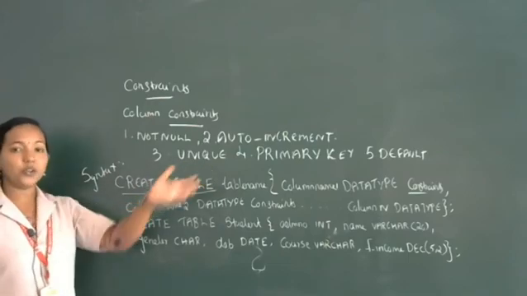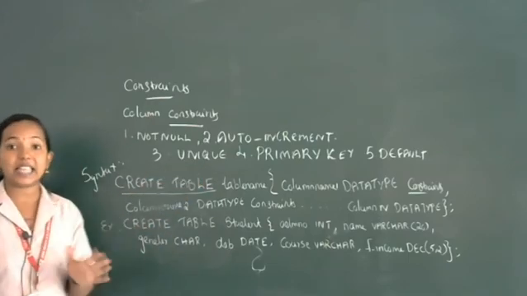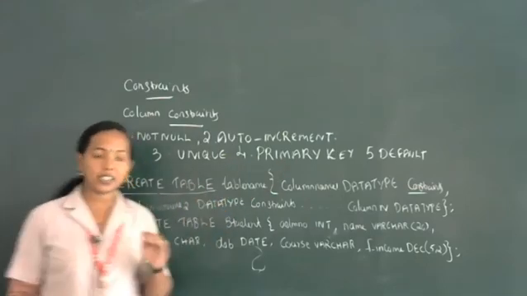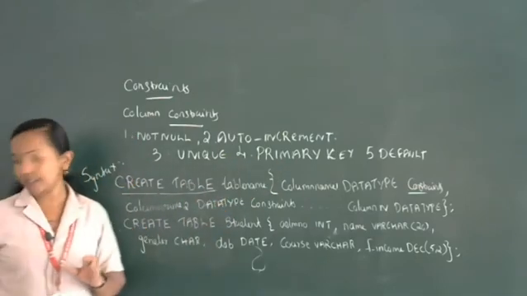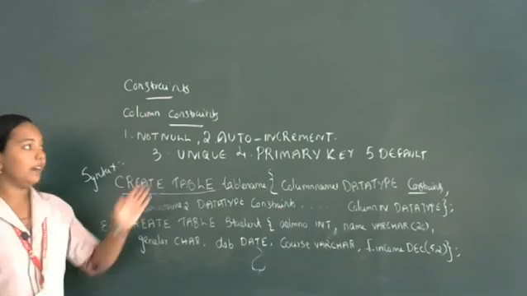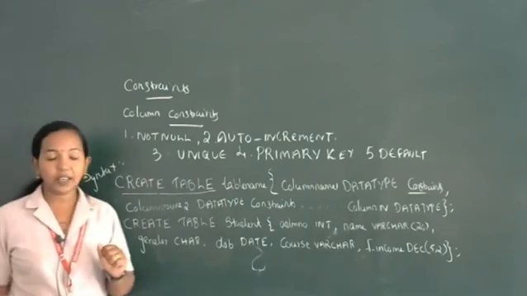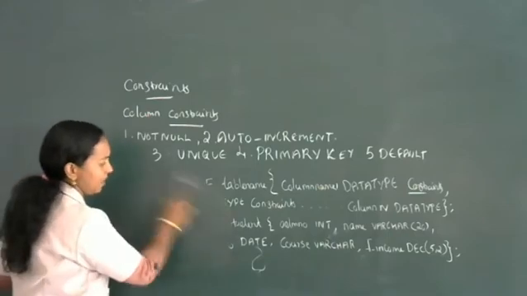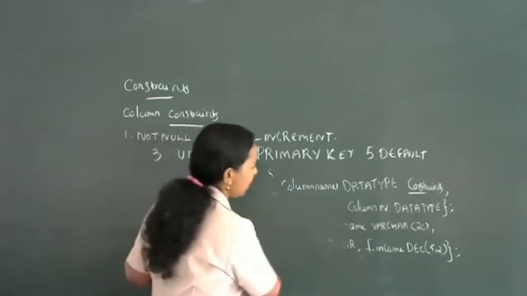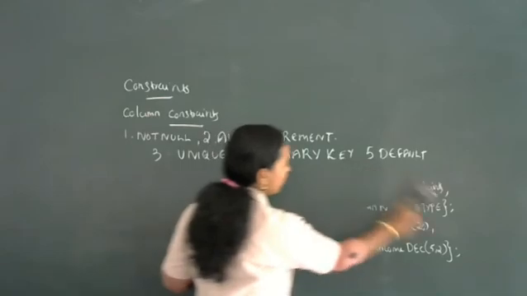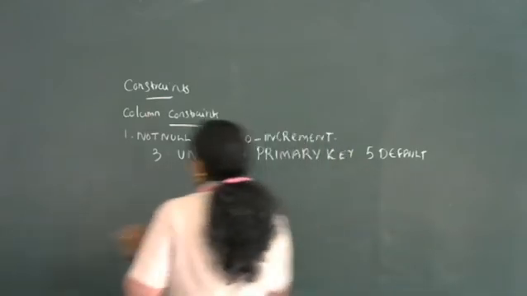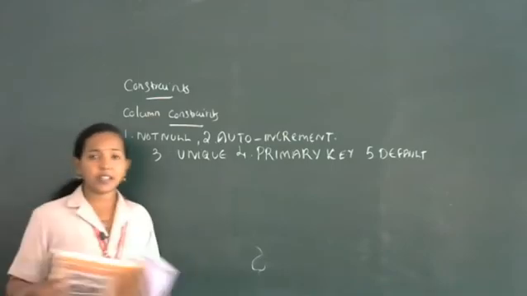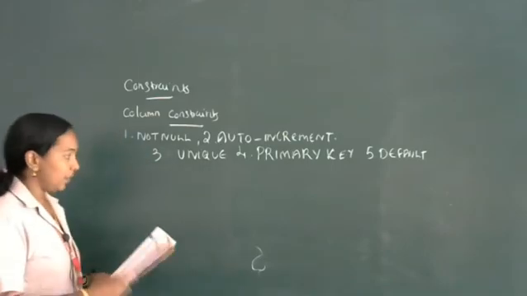Then unique, no two rows have the same values, to avoid duplication. Then primary key, this is the most commonly used constraint. Then default. Then I am going to write an example, the same student example. I am going to apply all these constraints to the table.